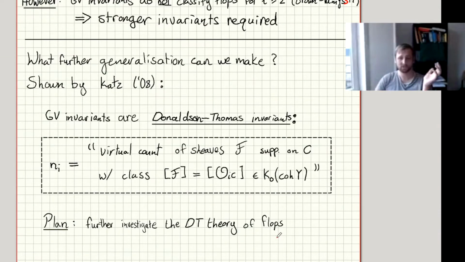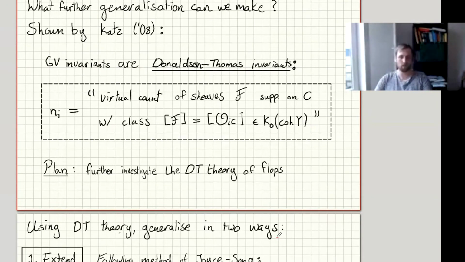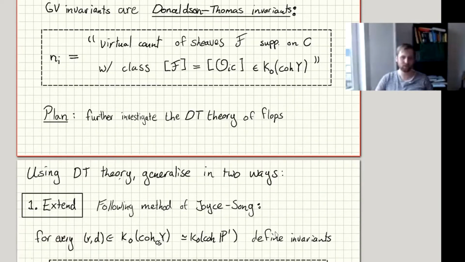So the question is, what can we find if we start taking this seriously and look at the complete picture? Right. And so the complete picture extends in two ways. We can extend our invariants. We can just look at more classes.